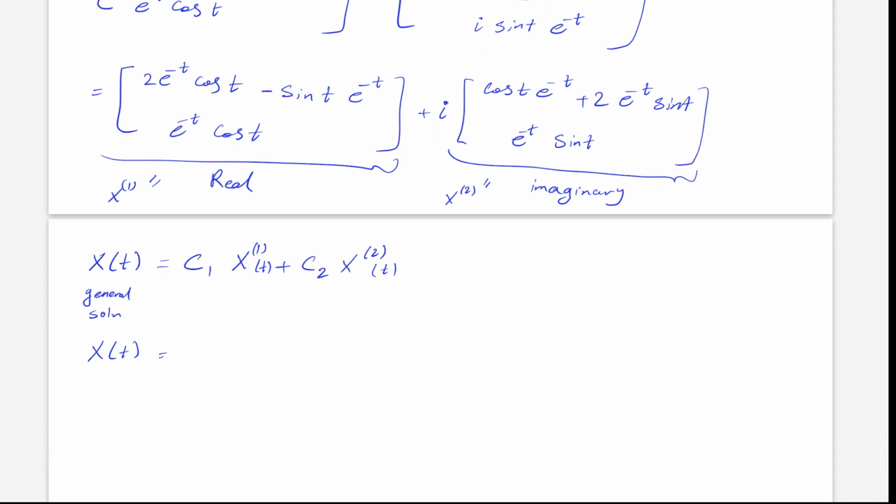Okay. Now we can factor out e to the minus t to the outside.